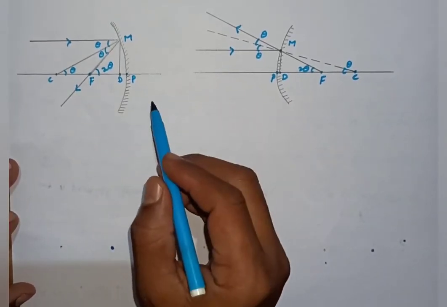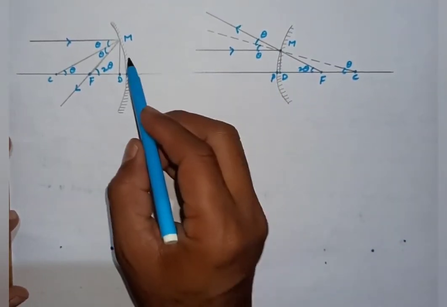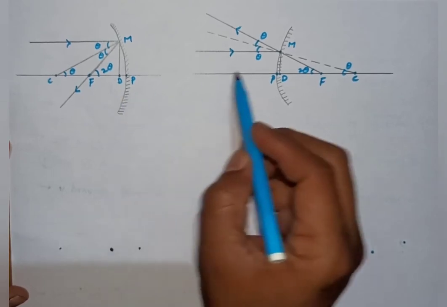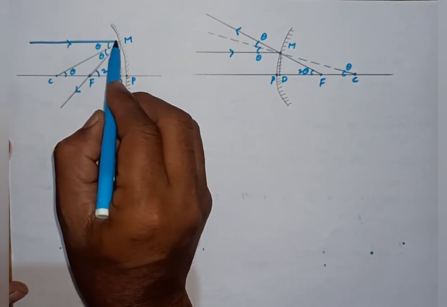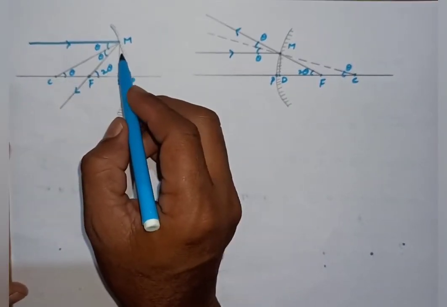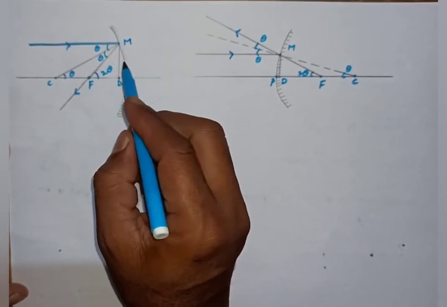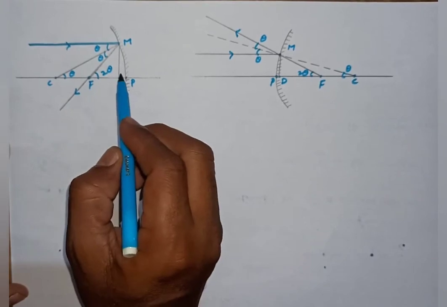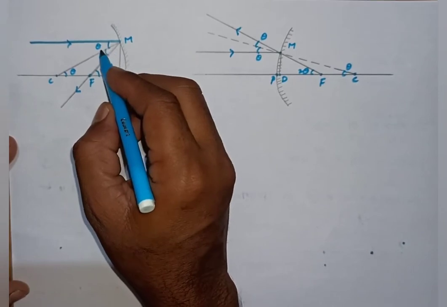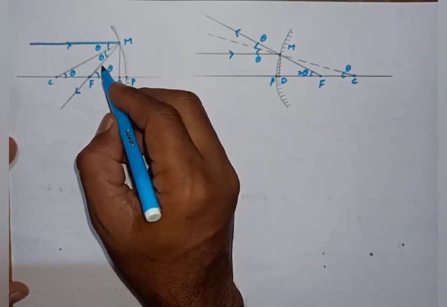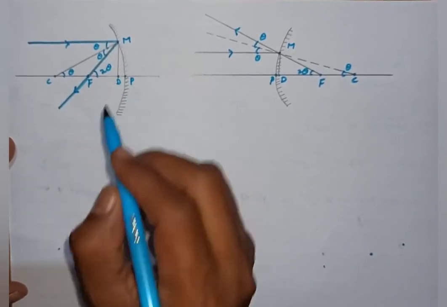So now here we consider two diagrams: this is a concave mirror, this is a convex mirror. When the light ray is incident on the concave mirror, the ray is parallel to the principal axis at angle theta, and it is reflected back at the same angle theta.